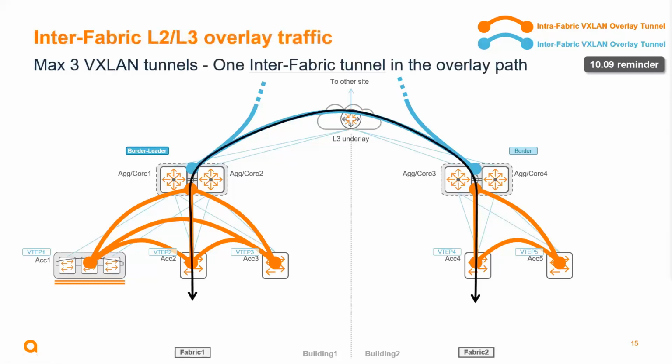For overlay traffic from fabric 1 to fabric 2, you will use an orange tunnel, then a blue tunnel, and then another orange tunnel. That's a maximum of 3 VXLAN tunnels that you have to cross to reach your destination in the other fabric. There will be only one inter-fabric tunnel used for the overlay. This is important: there is no multi-hopping through multiple blue tunnels. It's direct, only one blue tunnel used between fabrics.